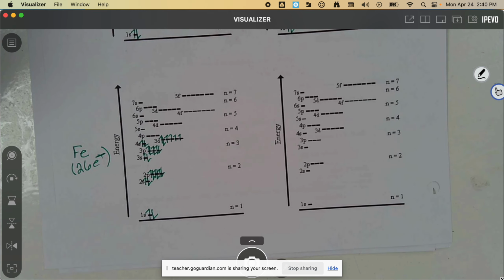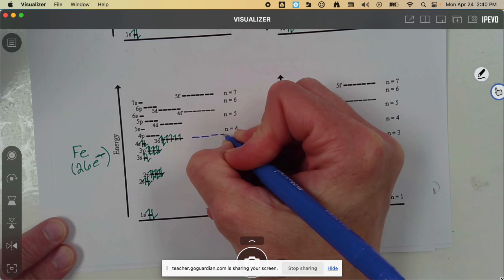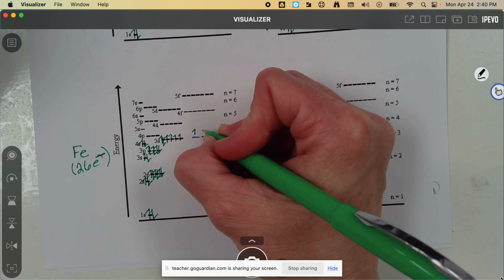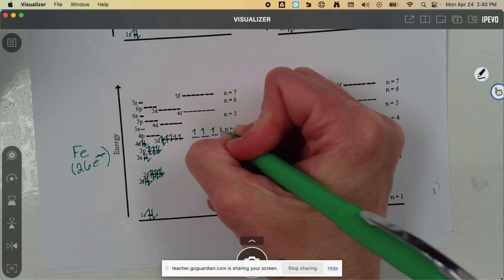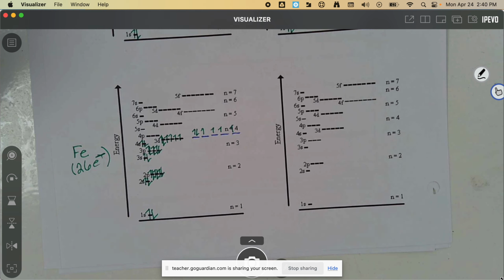Because it can be kind of hard to see, I'm going to redraw the 3d here for you. So we have an up, up, up, up, up, and one down. It's kind of zoomed in on the 3d.